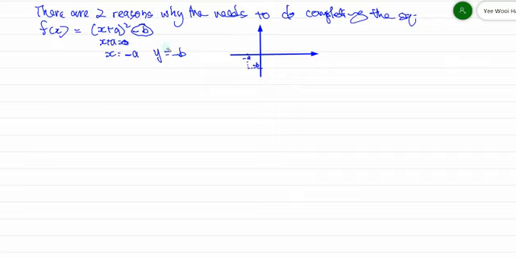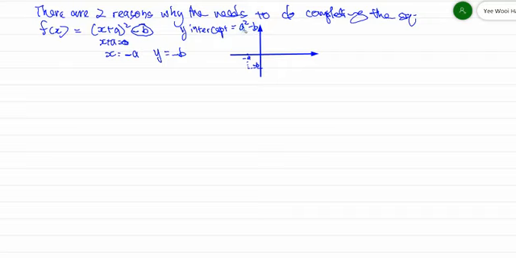Okay, now beside that, what else do you know of? The other thing that we can obtain from here is, what is your y-intercept? Y-intercept is when x equals 0, right? So if x equals 0, this function becomes a squared minus b.